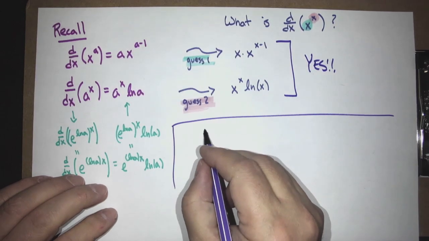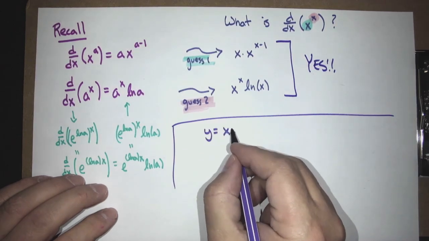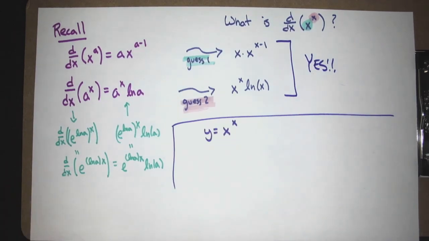So here's how we'll think of it. y equals x to the power x. Now, the problem here is we haven't dealt with anything where there's a variable upstairs and downstairs simultaneously. So we'd like to do something. Is there anything that lets us move stuff around? Logs.